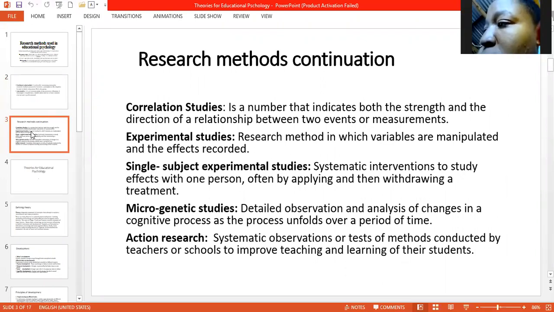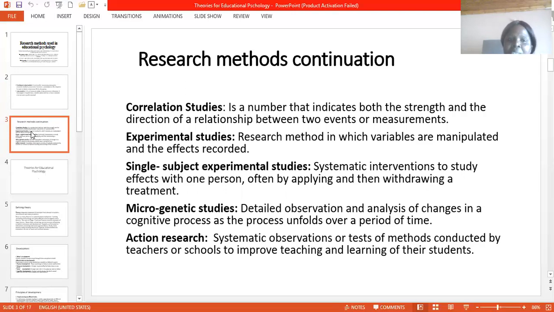Correlation studies. This is a number that indicates both the strength and the direction of a relationship between two events or measurements. Another one is experimental studies. Research method in which variables are manipulated and the effects recorded.